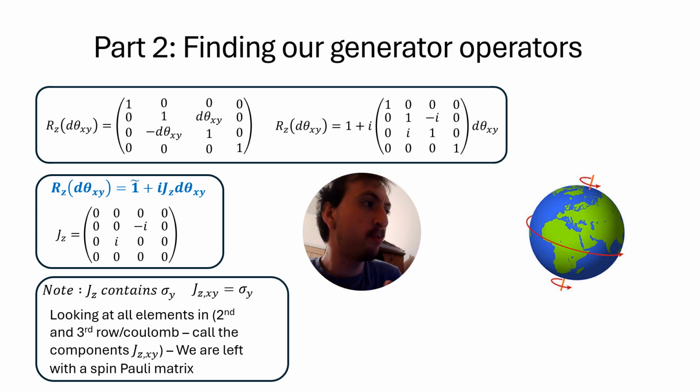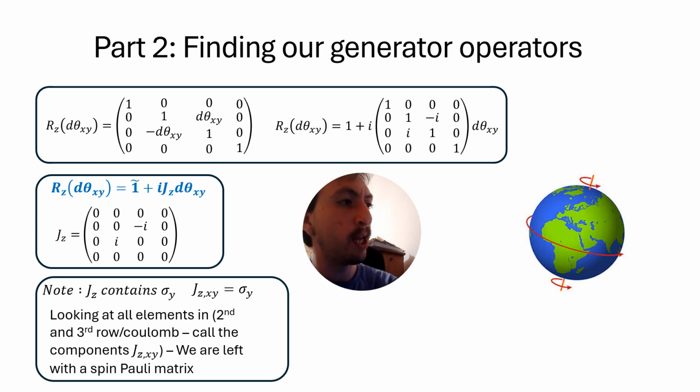Essentially this generator of rotations is describing something changing its angle on the xy plane. But the important parts of this matrix are essentially its xy components, the components sitting on the second row and third column, or second row and second column, or third row and third column, or third row and second column.